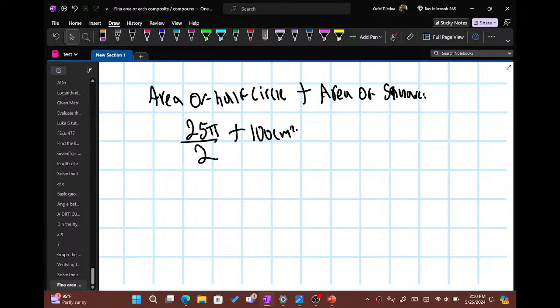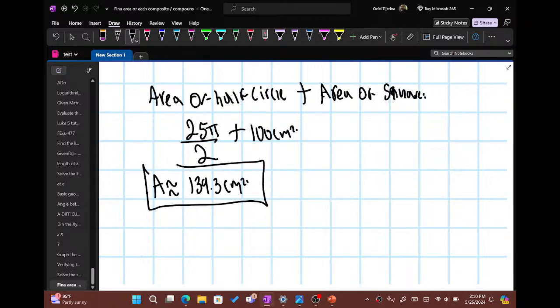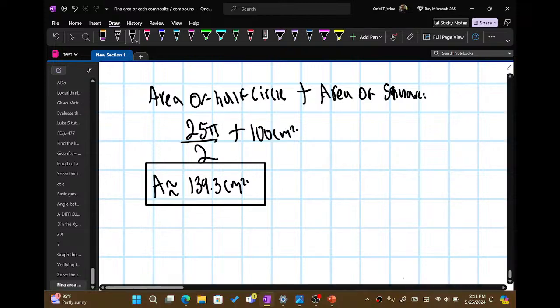And again, it wants you to round it to 1 decimal place, so this is approximately 139.3 centimeters squared. So that is the total area of this shape. Press 1 if that makes sense, or if it doesn't, let me know what questions you have.